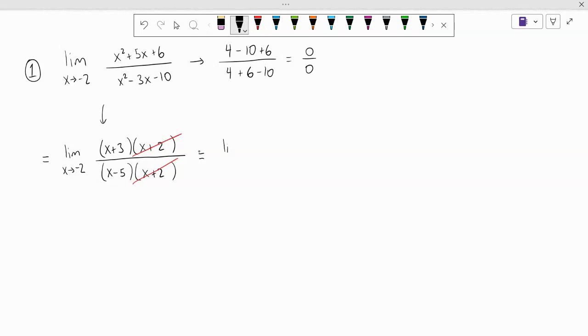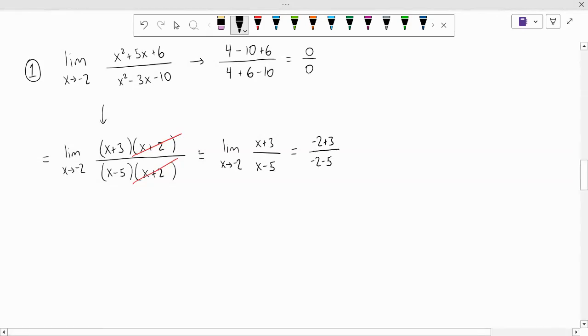So then after you make the cancellation, what you can do is try plugging in -2 for x again. So this time, if you plug in -2 for x, in the numerator, you're going to get -2 plus 3. In the denominator, you're going to get -2 minus 5.